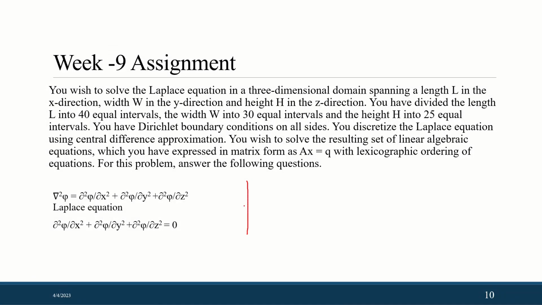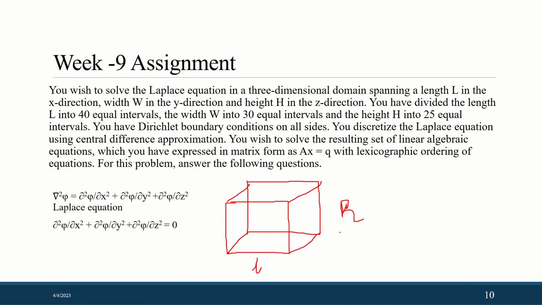So it is given that we have a three-dimensional domain. Here it is length L, and width W, and height h in the z direction.